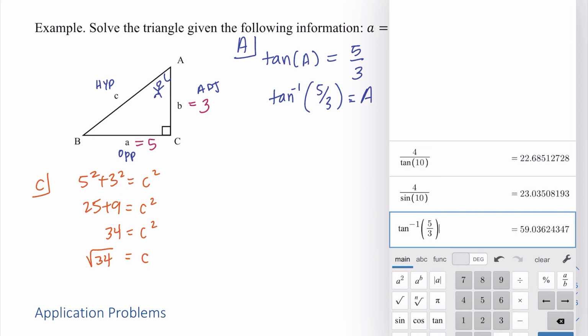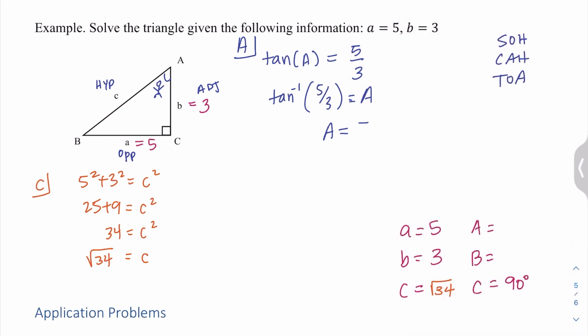So this is 59.04. And because I am solving for an angle, this is going to have degrees. I know that my calculator is in degrees because I'm just using it in degrees, but you always want to make sure before you start a new problem. 59.04 degrees.